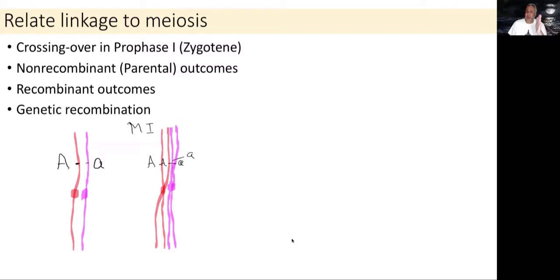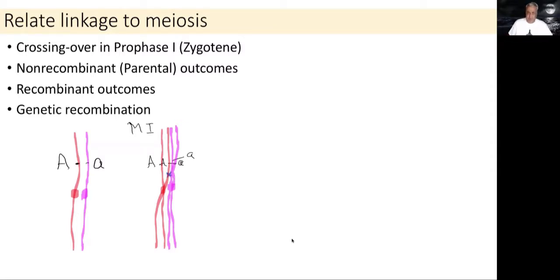But it wants to encourage the exchange of chromatids between the homologous pair. So let's put that down in a different color. Let's use a blue color to indicate a region of crossover. So suppose the crossover is down here. So the inner two chromatids have switched DNA.